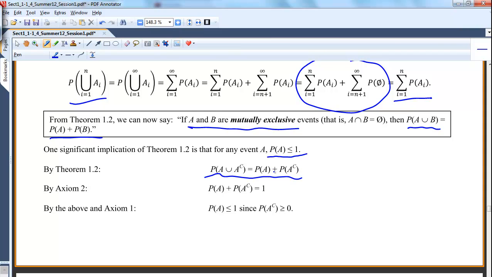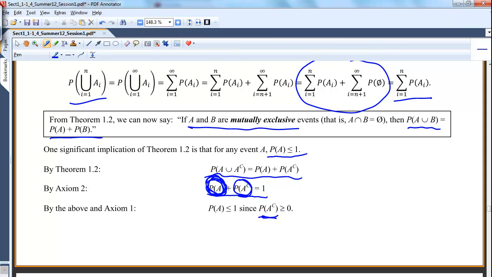We know A and A complement make up the entire sample space, so together their probability is 1. And I know probability of A complement has to be bigger than or equal to 0. So that means this can't be more than 1, at most 1. If this is 0, this would be exactly 1. And if this takes on any value greater than 0, then this has to take on a value less than 1.